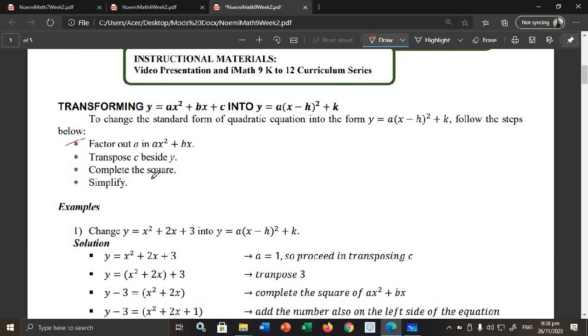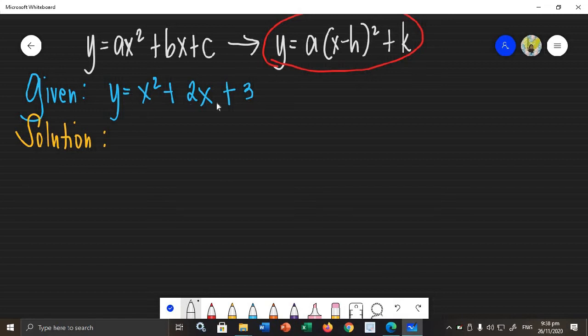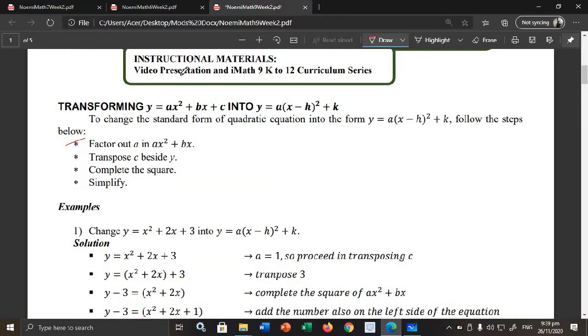So we will factor out the coefficient of the quadratic term in the quadratic function. In this example, the coefficient of the quadratic term is equal to 1, a is equal to 1, therefore we do not need to factor it out. So let's move on to the second step.